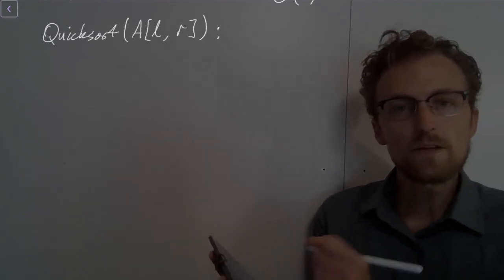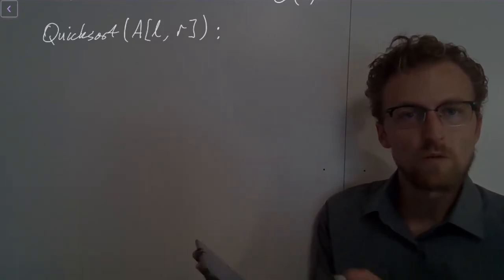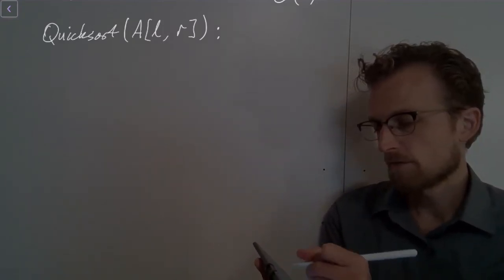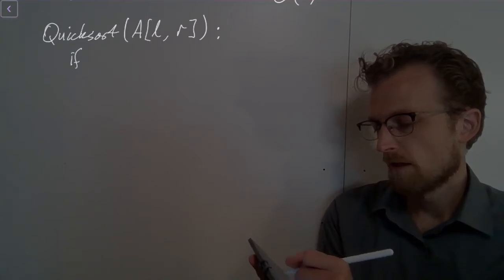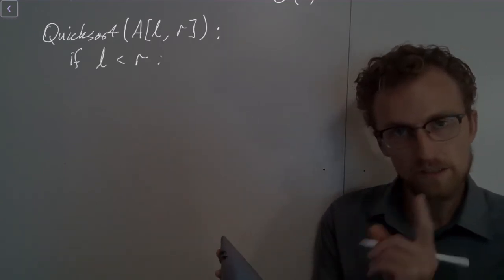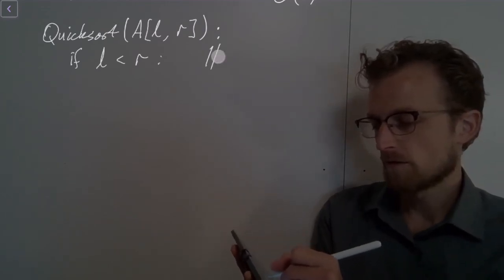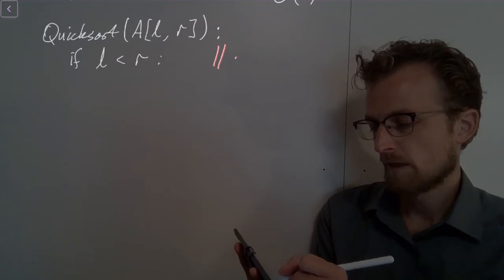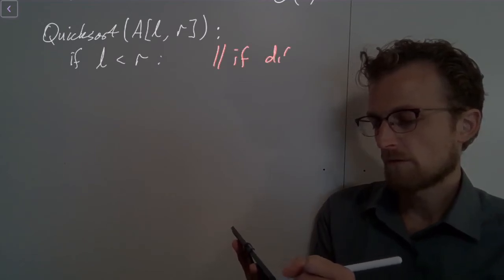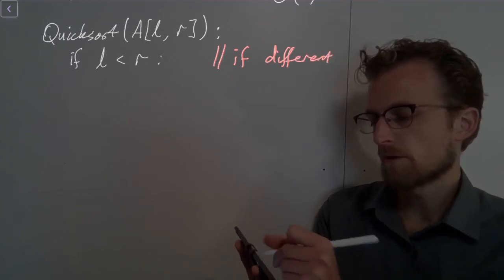First, we check if these indices are different, which means that this array has more than one element in it. So if L is less than R, and literally this means if they are different. Here's my comment in red: if different.